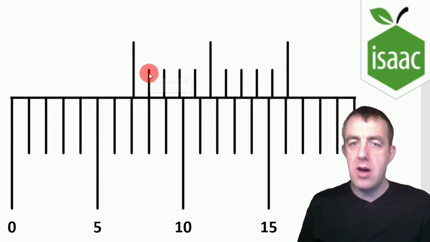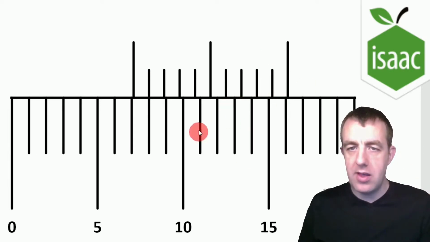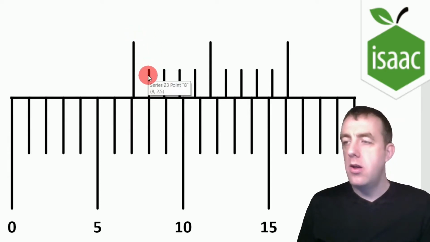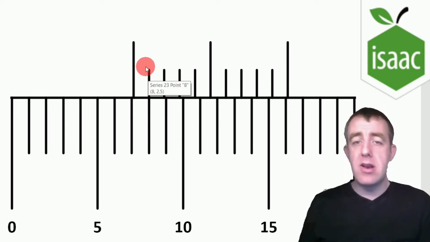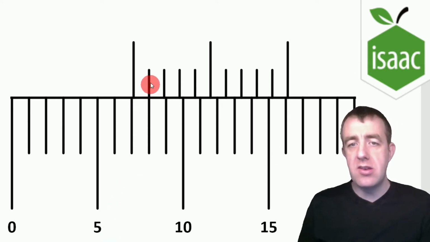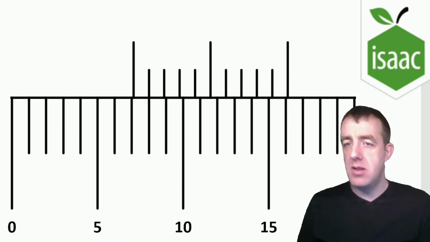You line up the line on the vernier scale with a line on the main scale. And if you look, there's only one line that actually lines up, and that's this line here. That means that this is 0, 1, 1/10th of a millimeter more than 7. This tells you how many tenths of a millimeter. So this is 7.1 millimeters.